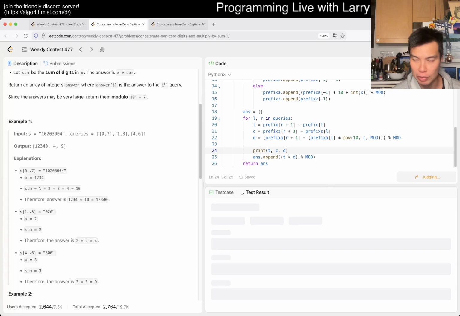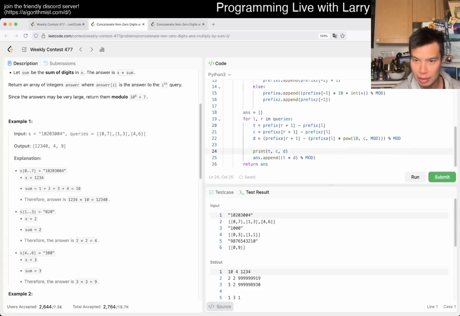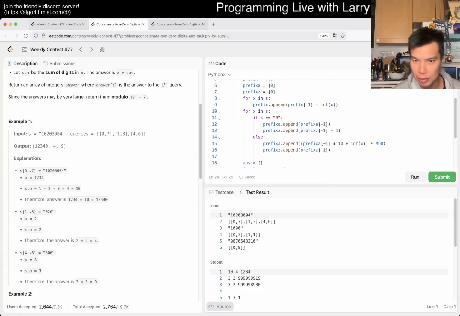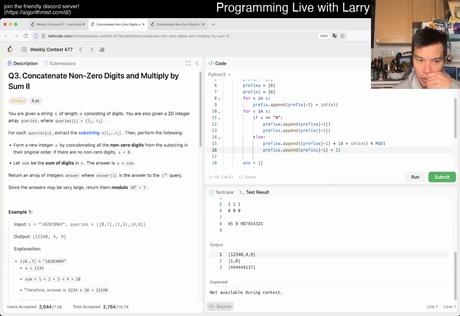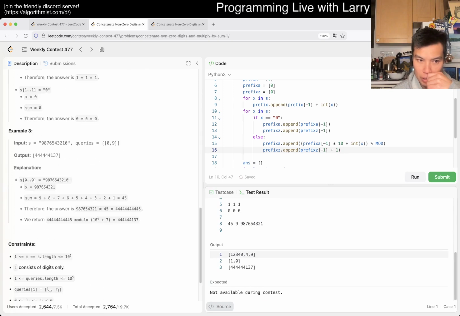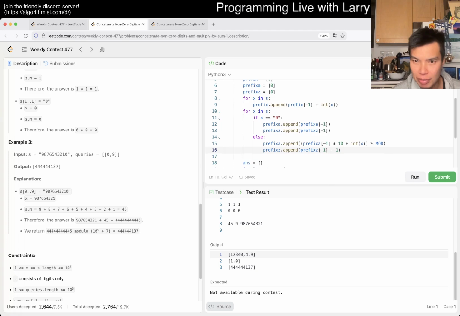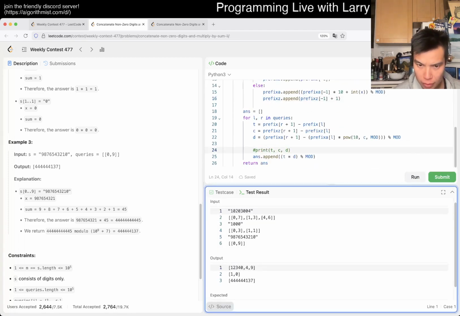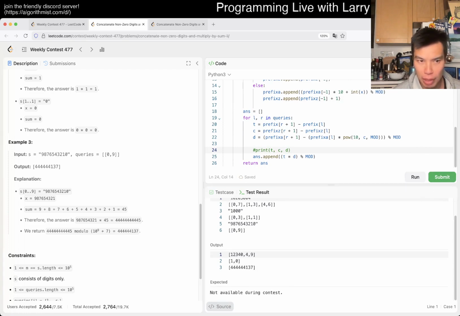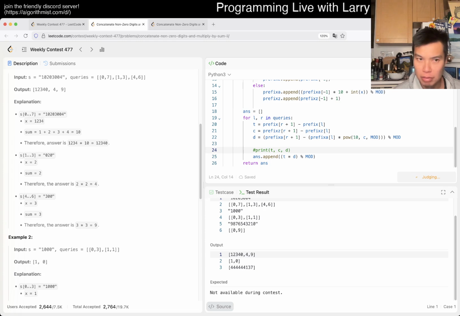Oh, it's number of zeros. We want the reverse of that, right? The number of non-zeros. Oops. Okay. 910. Okay, looks okay. I mean, am I confident? Honestly, not really, but good enough for me to YOLO because it matches, I think.